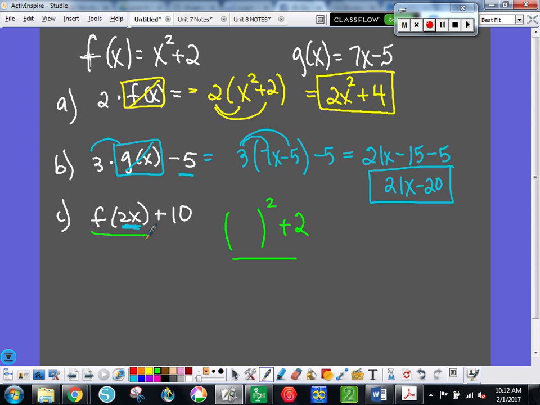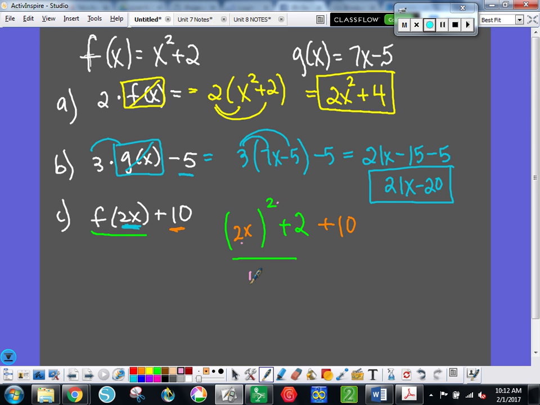This part. Add the 10. Is that okay? Where the different pieces came from? I'm inputting the 2x. So this is my f function. This is the plus 10 from the problem. Final answer, 2x squared would be what?